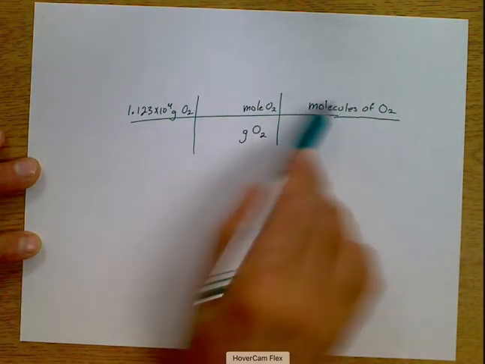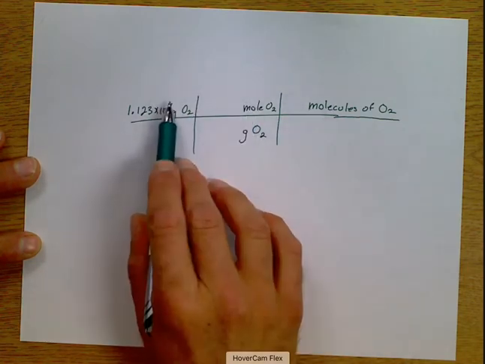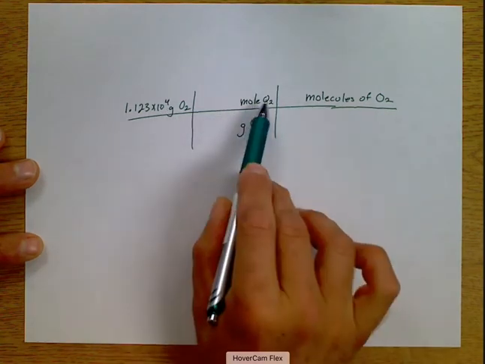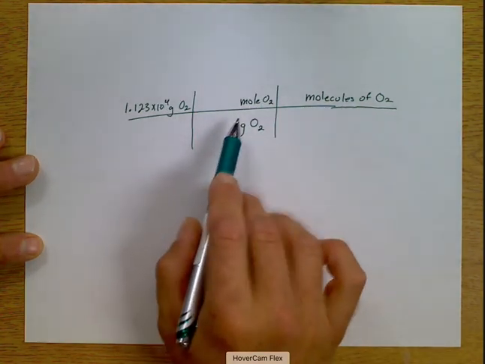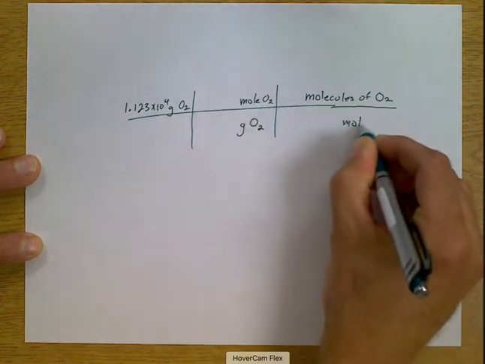This is a progression where in between each of these steps on top, I have a conversion unit. I know I can turn this into this, and this into this, because I have those conversion units. Once again, I'm going to take this unit down here.